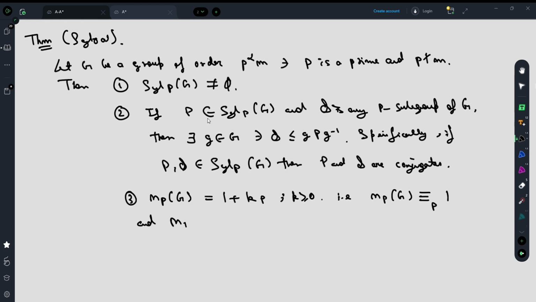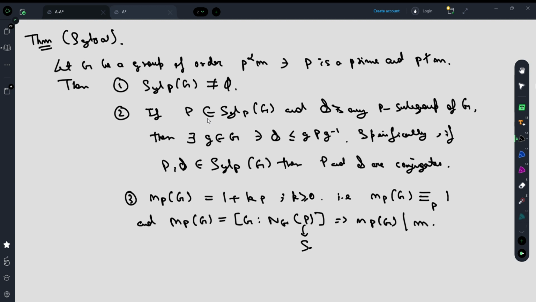And the number of Sylow p subgroups equals the index of the normalizer of P in G. Then by Lagrange's theorem, we can say that the number of Sylow p subgroups divides m. But this P is a Sylow p subgroup.